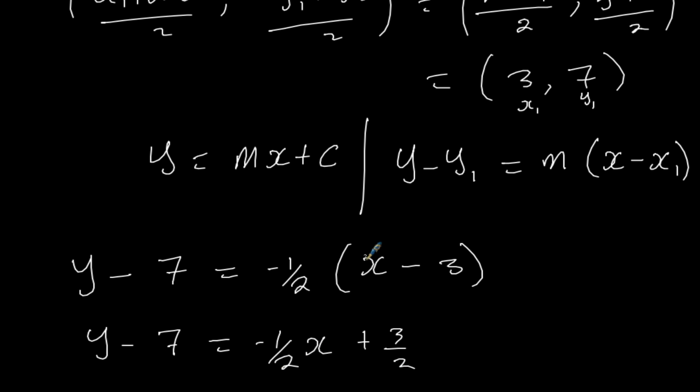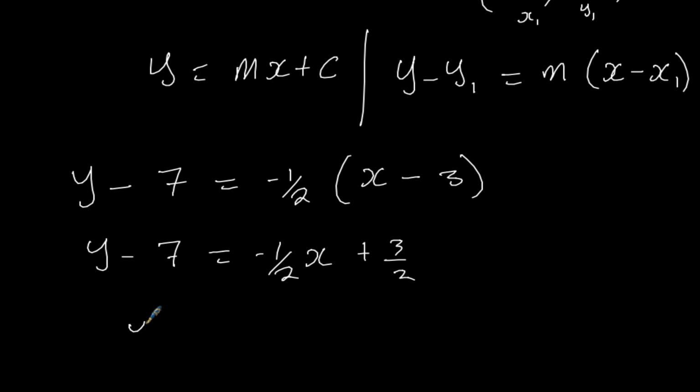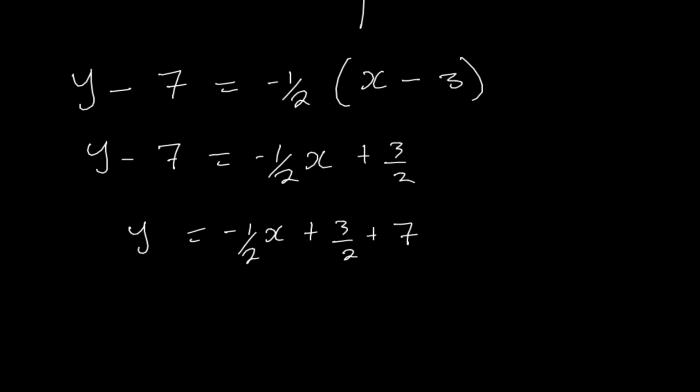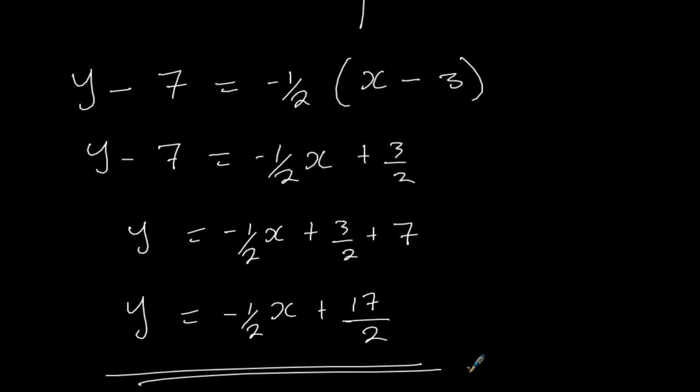When I bring the 7 that side, that will give us y equals negative a half x plus 3 over 2, and then plus 7. And this will give us y equals negative a half x plus 17 over 2. So this is our answer. Thank you.